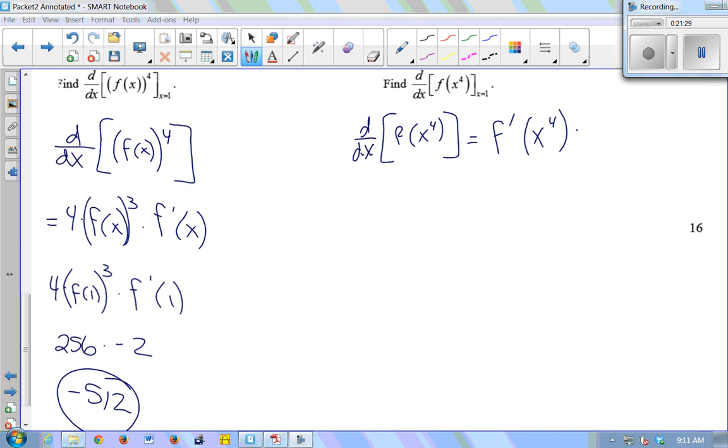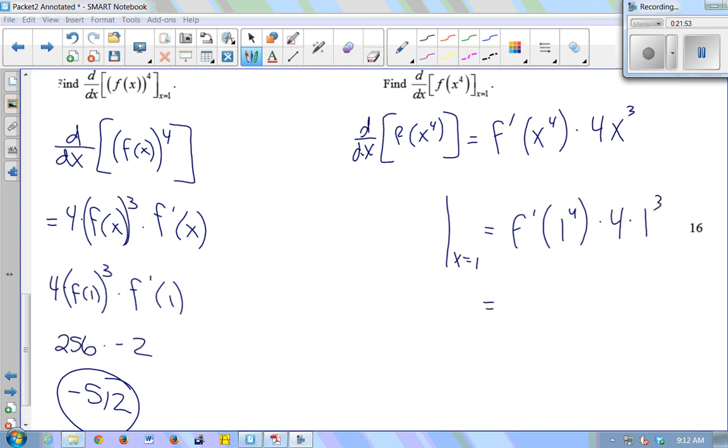And the derivative of the inside function would be what? 4x cubed. Then I'll evaluate that at 1. So I have f prime of 1 to the 4th times 4 times 1 cubed.